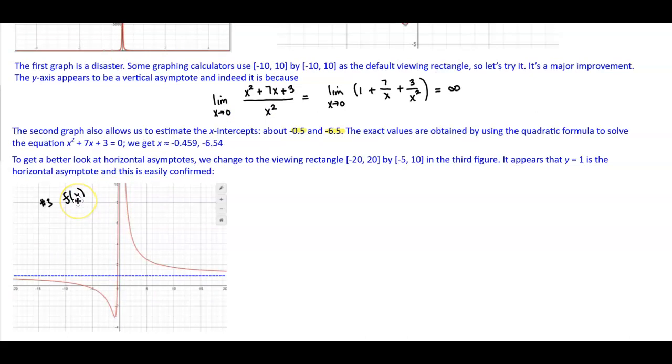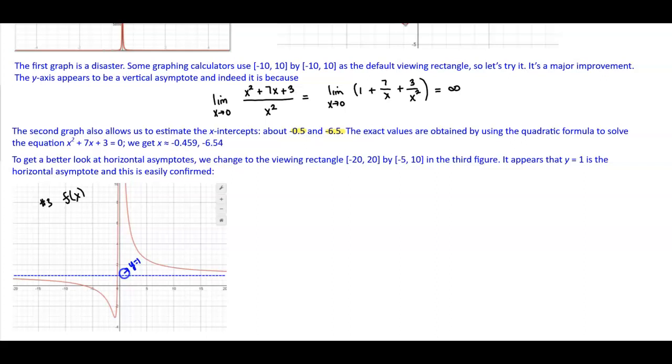And this is in the third figure. So it appears that y equals 1 is the horizontal asymptote that is easily confirmed. So you can see here, when this graph goes down here, it's not going to cross that value on the right side of the graph. So the horizontal asymptote is where y is equal to 1.